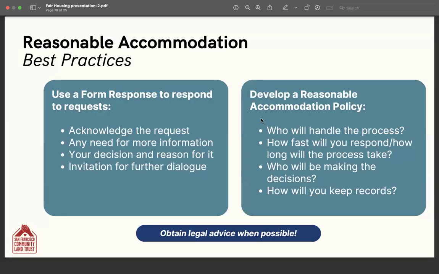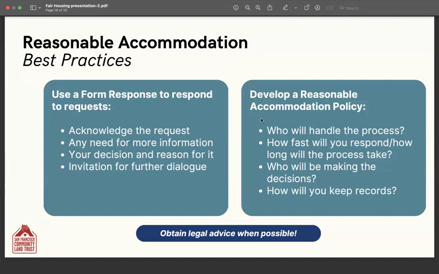So in addition to having a form response that helps detail all these things so you don't forget what you need to do and include, it's also important to develop a policy for reasonable accommodation that makes it clear what's happening and who's doing what, and answers these 4 questions. So first, who will handle the process of looking at a reasonable accommodation, responding to it, all those things.